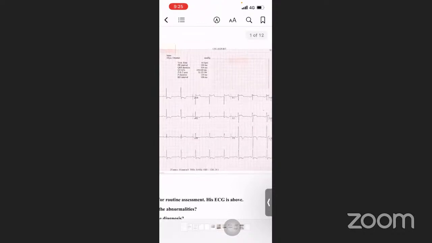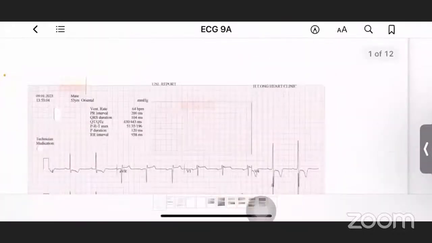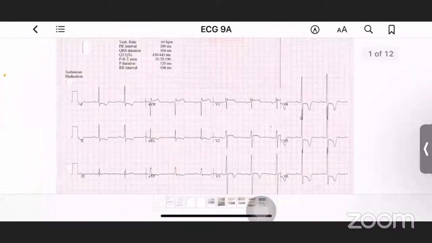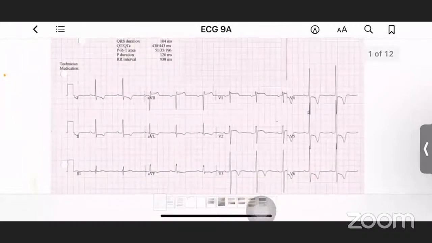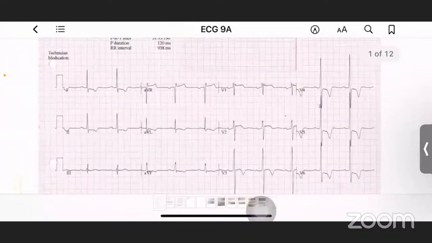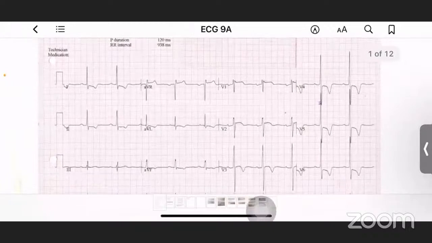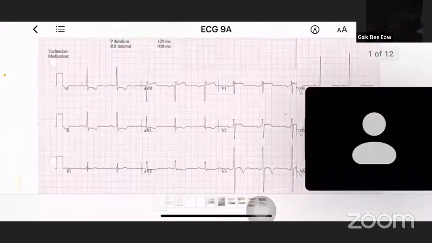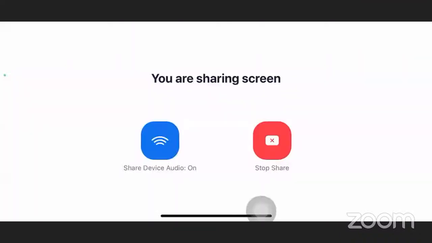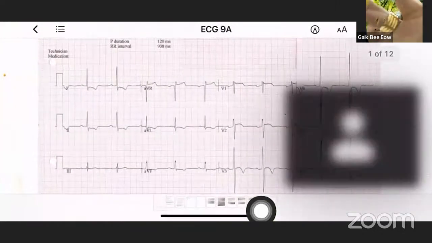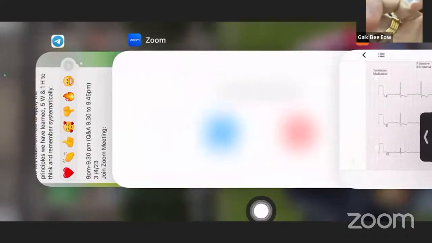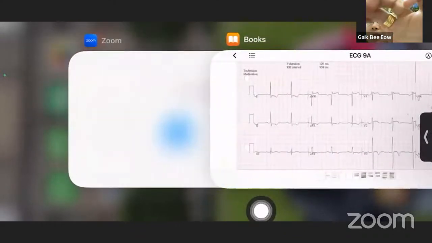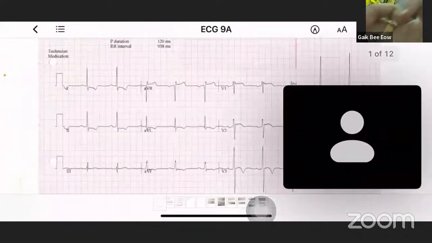First, you talk about what is the heart rate, and then what is the abnormality noted before you go to the diagnosis. Hello, doctor. Yes, you're here. Okay, come. Okay, good. Wait, I try to close other things. Okay. So can you see well?